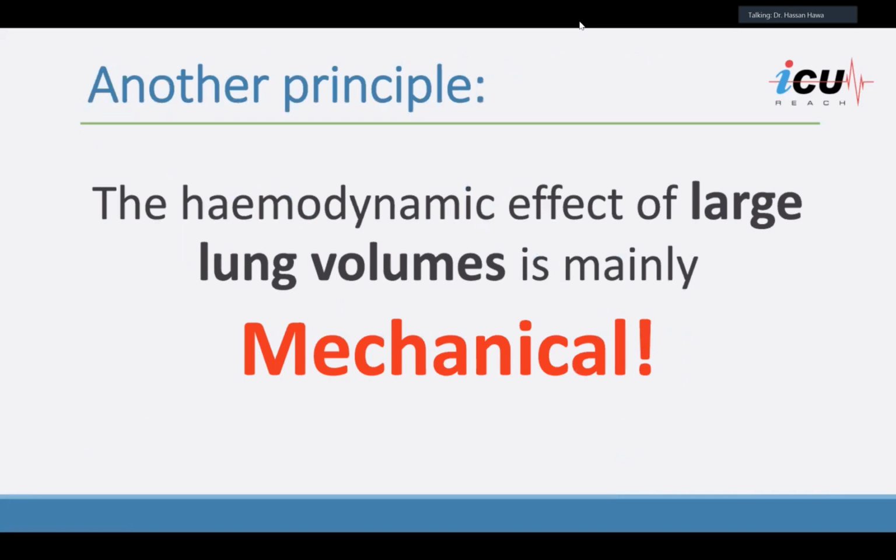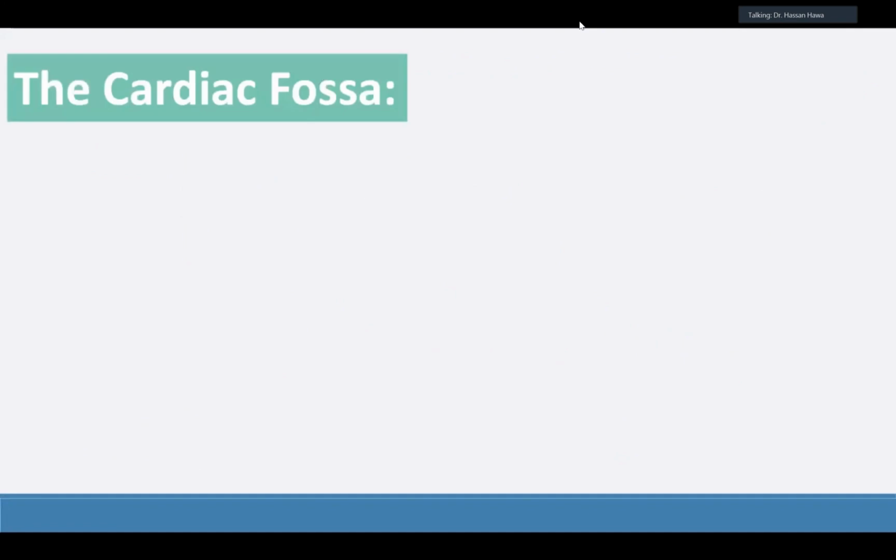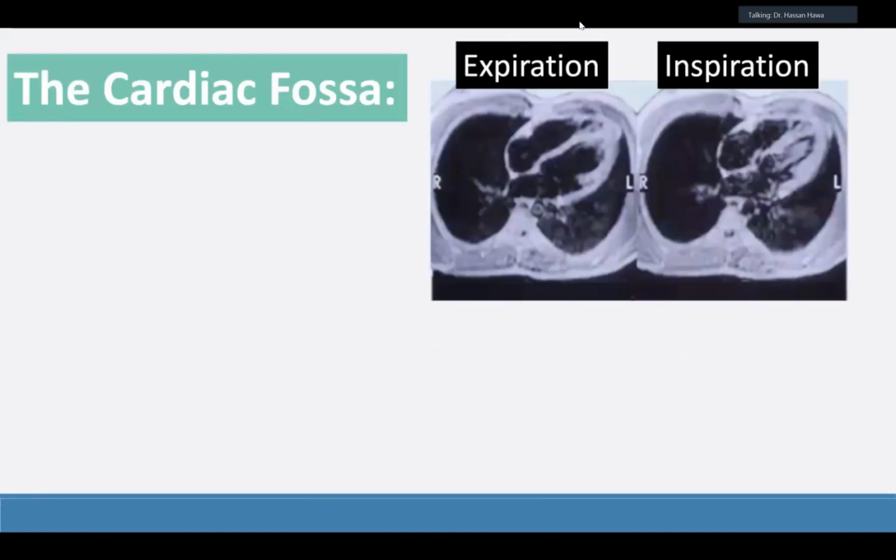Now, another important principle related to the heart-lung interaction is that the hemodynamic effect of large lung volumes on the heart is mainly mechanical. And nothing better to illustrate this principle than this study in which they took the CT scan of the chest on mechanical ventilation during 0 PEEP. And here you can see during expiration and inspiration.